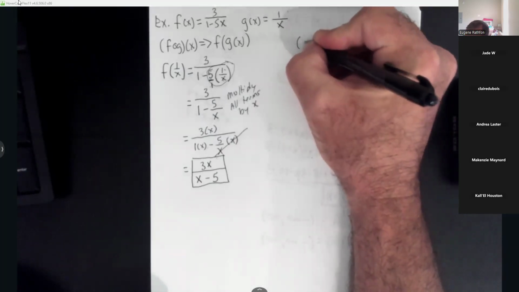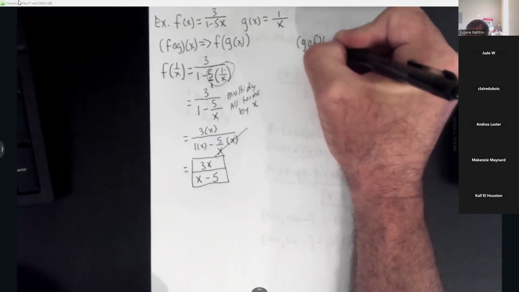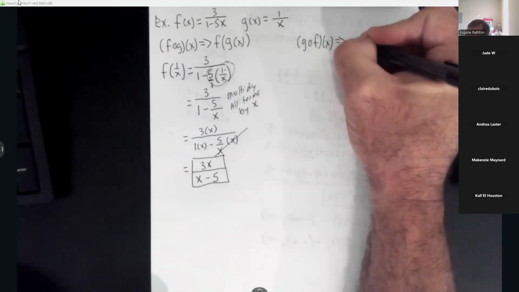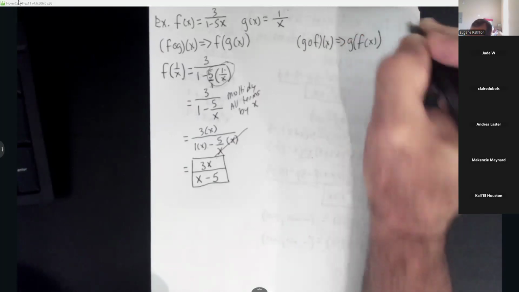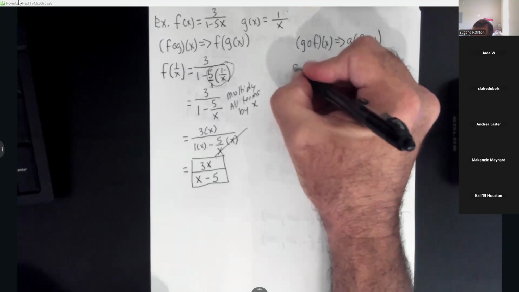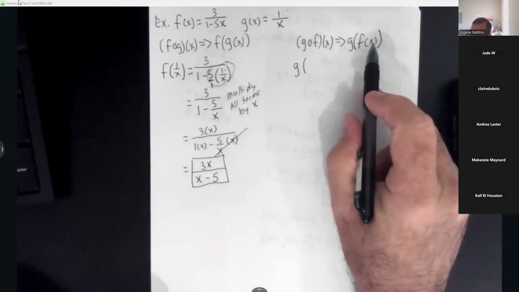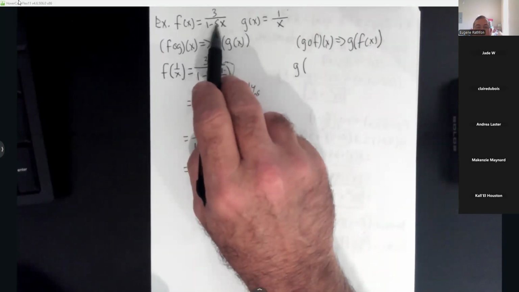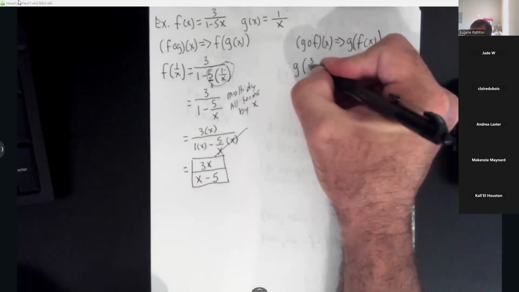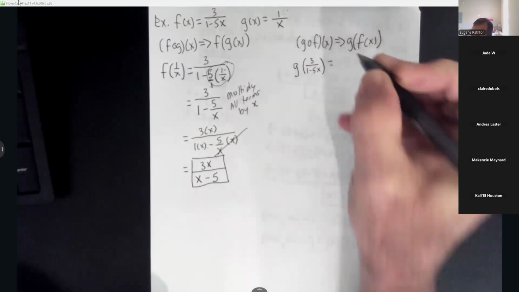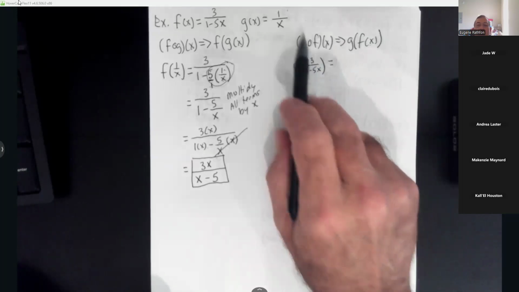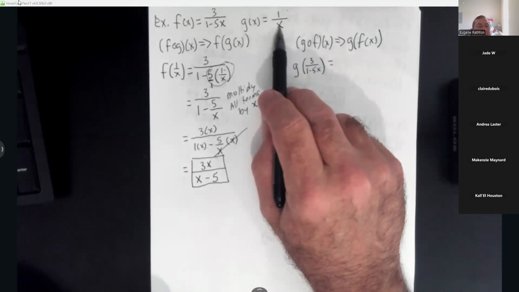All right, so here, first, we have to do g of f of x. So I'm going to be finding g of whatever f of x is, and f of x was 3 over 1 minus 5x. So this will all go into that 1 over x on the bottom.